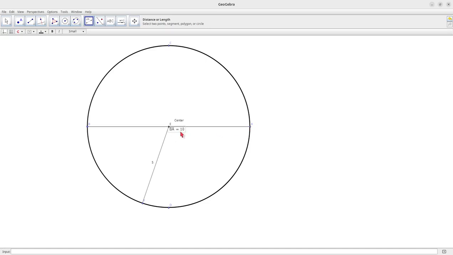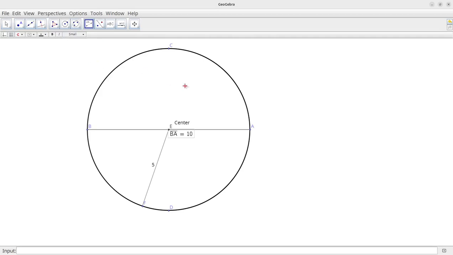As you can see, it's 10 units, and it's double the radius. It's called a diameter.